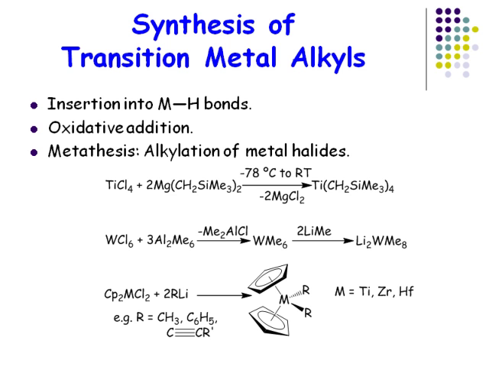So if you had an alkyl lithium or a Grignard reagent, that is an organometallic of a more electropositive element, so you'd expect those species to react with transition metal salts, typically transition metal halides, to give you new transition metal organometallic species.